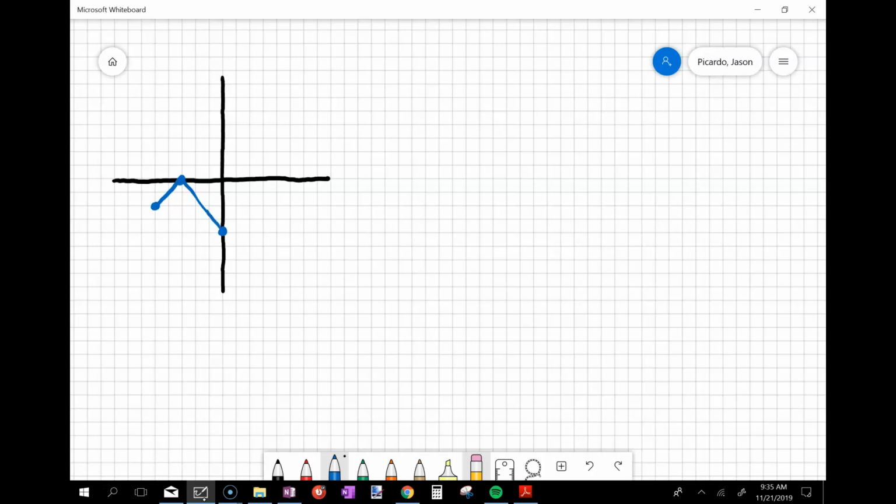Going to call this f of x. Cool? Here's what I want to do to this function, okay? I want to create a new function. And to create this new function, what I'm going to do is this.